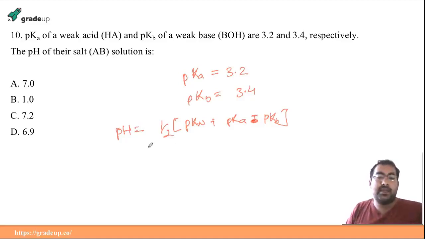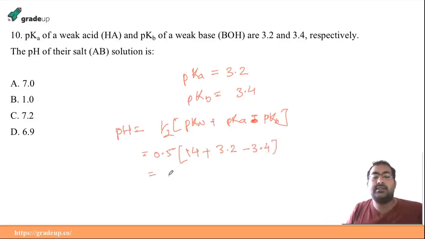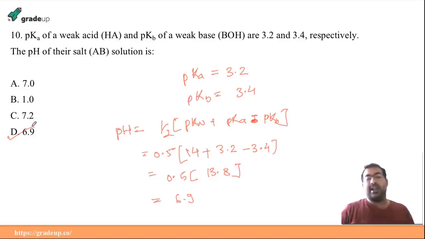So it is equal to 0.5, which is 1 by 2, times 14 plus 3.2 minus 3.4. So you obviously get it down as 0.5 times 14 minus 0.2, which is 13.8, I guess, and you get it down to 6.9. So that is your correct option, D part. Simplest question, no calculations whatsoever as well.